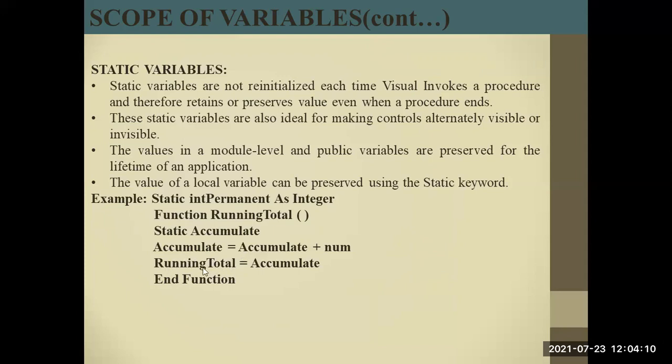RunningTotal will be equal to the accumulator. Once the function is started, we have to end it with End Function. Fine. So this is what we have learned about the scope of variables and about static variables.